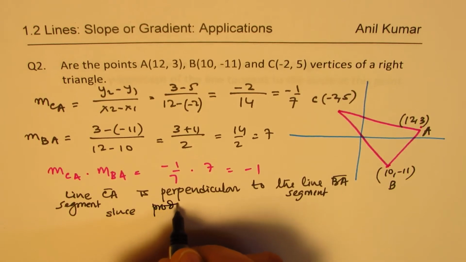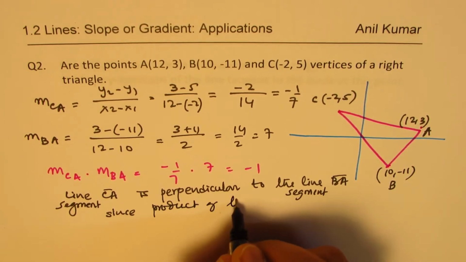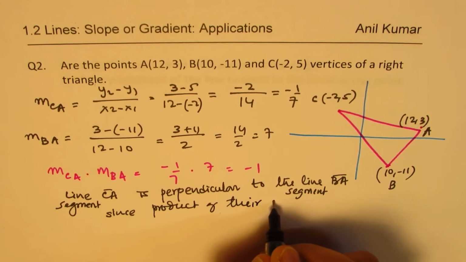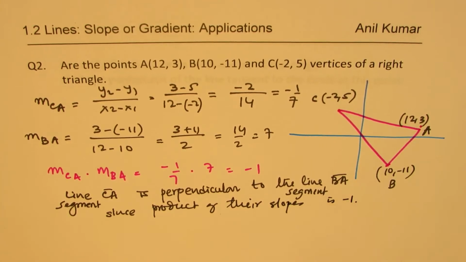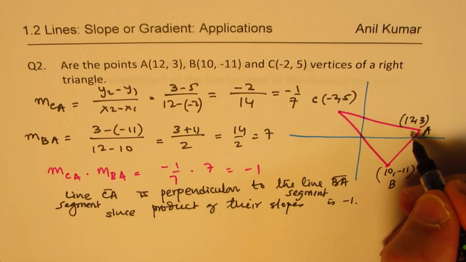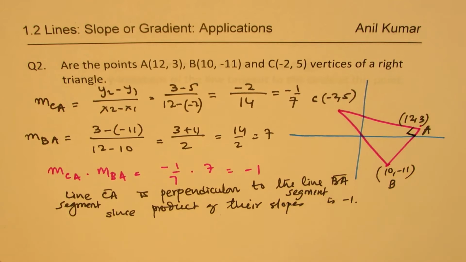product of their slopes is negative 1, right? So that is the reason. So this angle here is a right angle. Perfect. So that is how you could show that these are forming a right triangle.